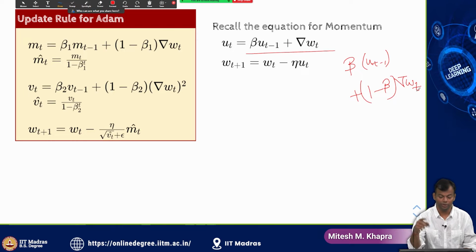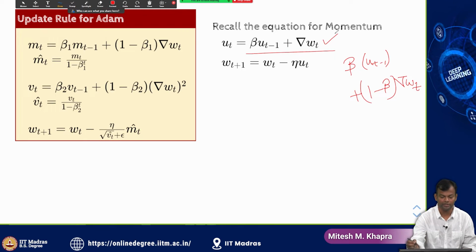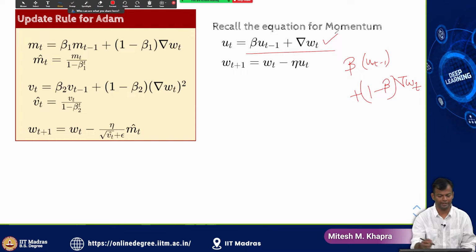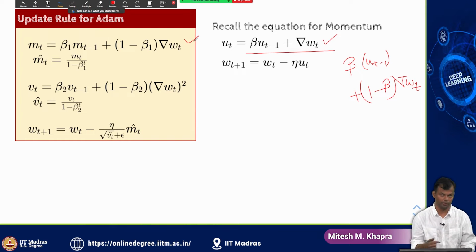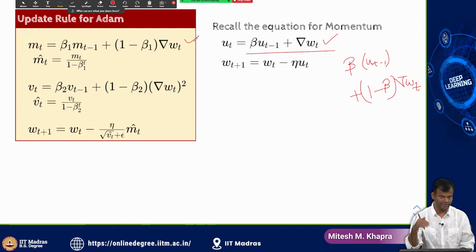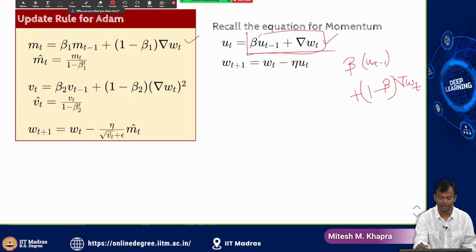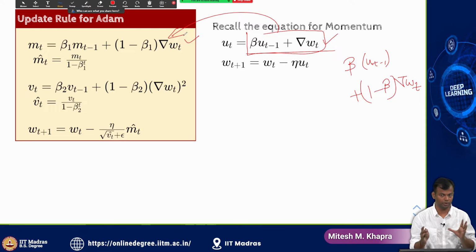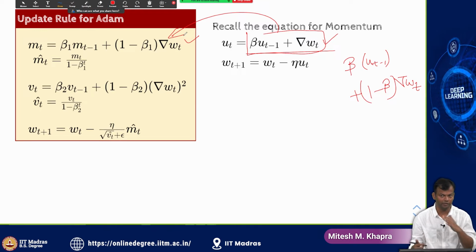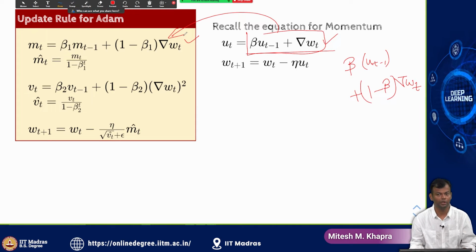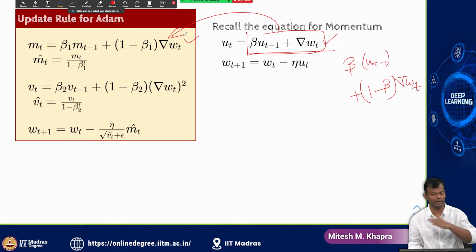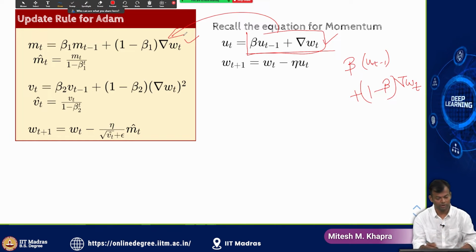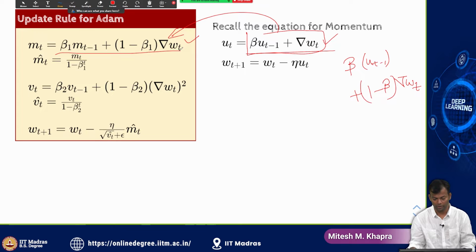So when we had originally introduced momentum, we had used this equation, but when you used it in Adam, we were using this equation. So both are popular. So when I start off, I will stick to this, but at some point I will switch to this equation. So just remember that both of these can be used interchangeably, right? I'll just use this at first because it's easier to convey what I want to convey, but at a later point, I'll switch back to this version of momentum, okay?